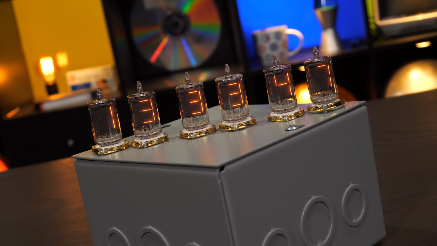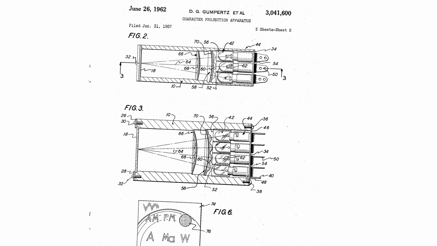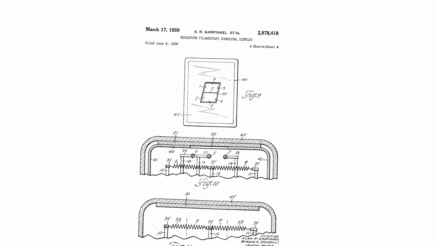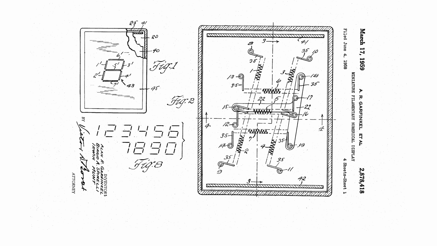Editor's note: while looking for a different patent, the one showing the projection displays which used little light bulbs, I ran across this patent issued in 1959 to A.R. Garfinkel. And, well, sure enough, the idea was too obvious, and RCA was not the first to have this idea. The implementation here is very different though.